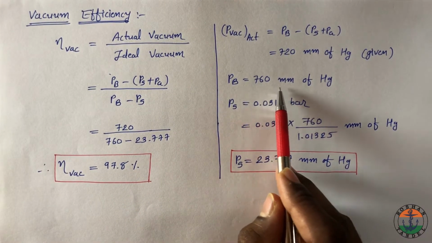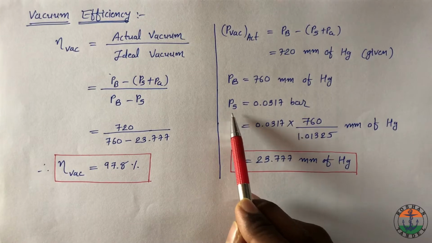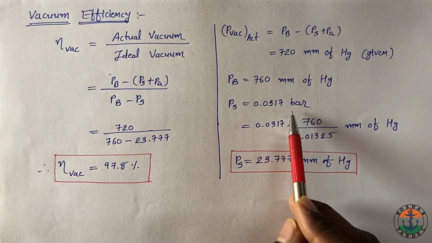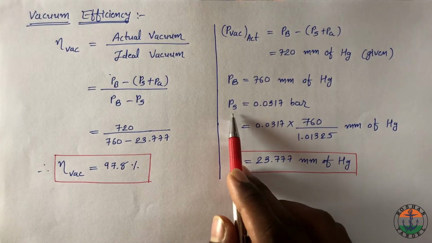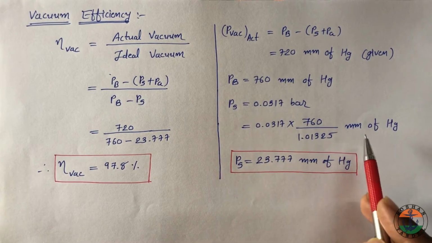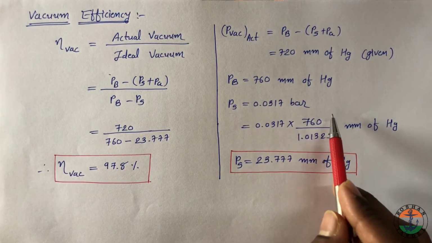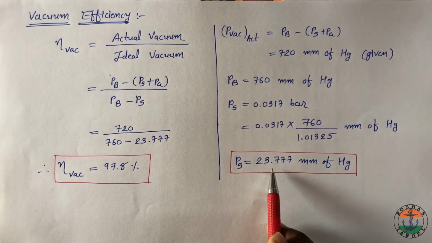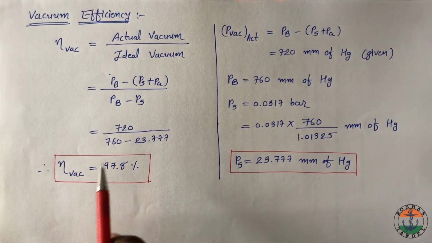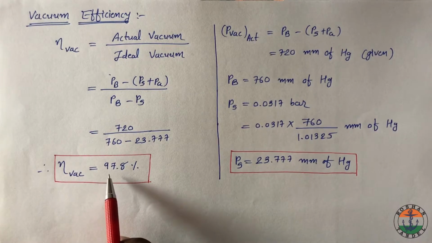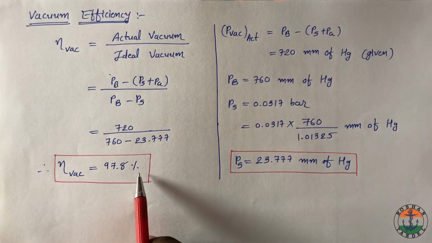Now, PB is 760 mm of Hg, PS is equal to 0.0317 bar. First, convert this PS into mm of Hg by multiplying this factor and put the value of PS over here. So, you will get vacuum efficiency as 97.8%.